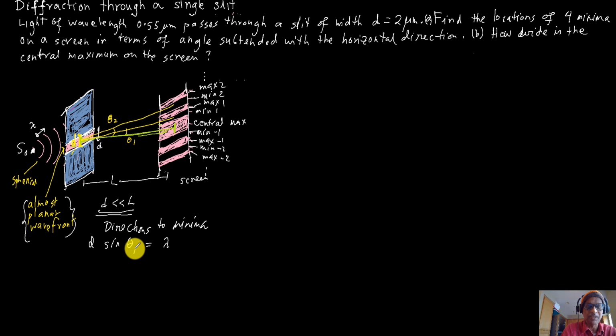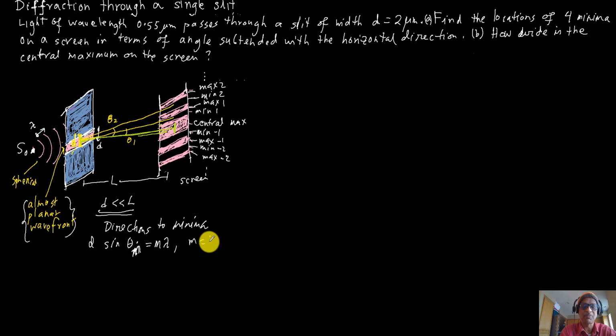So for any of these thetas, let's just use m: D sine theta m is m lambda, and m can be, of course m is 0, then straight ahead is wrong, right?